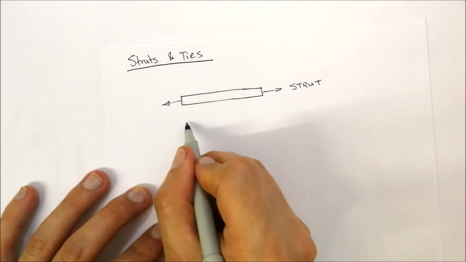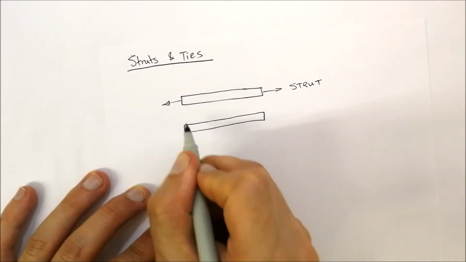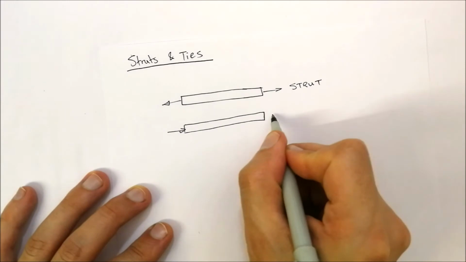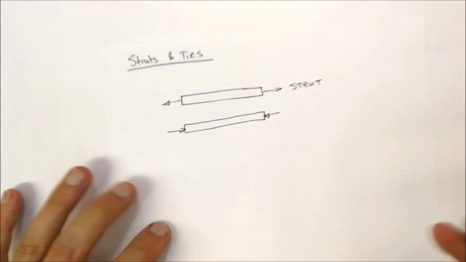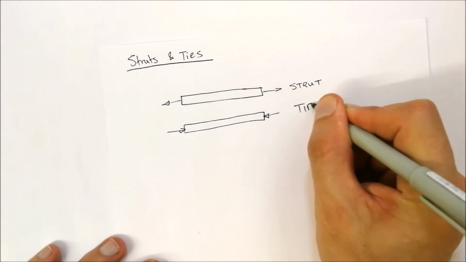If you've got a beam that has forces acting against it, so pushing towards each other, that's known as a tie.